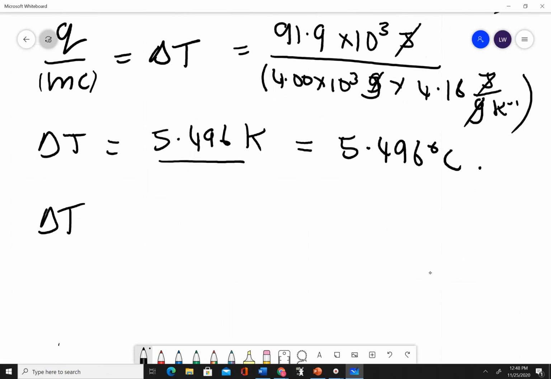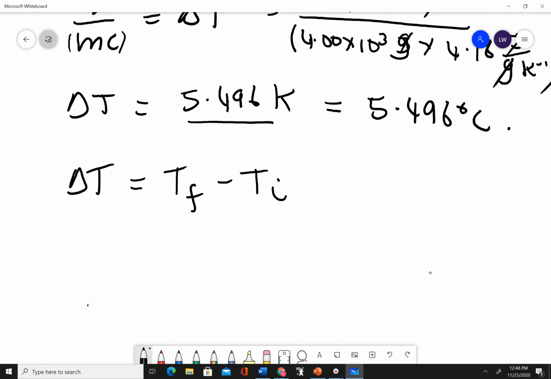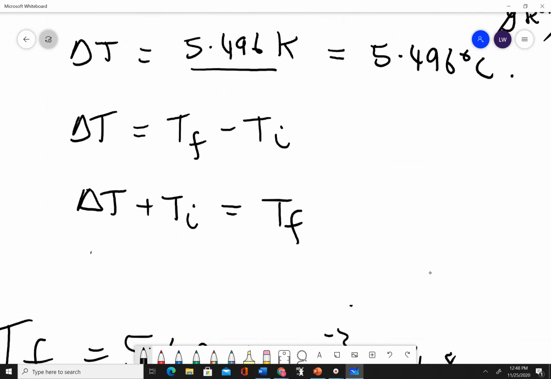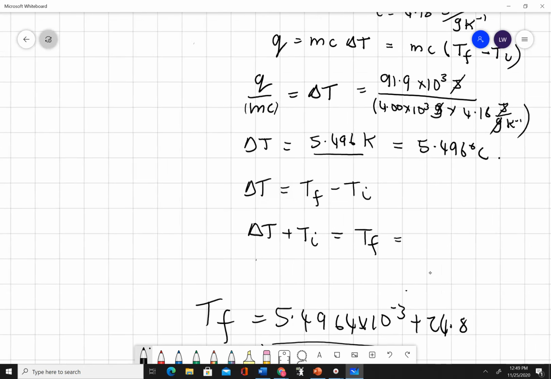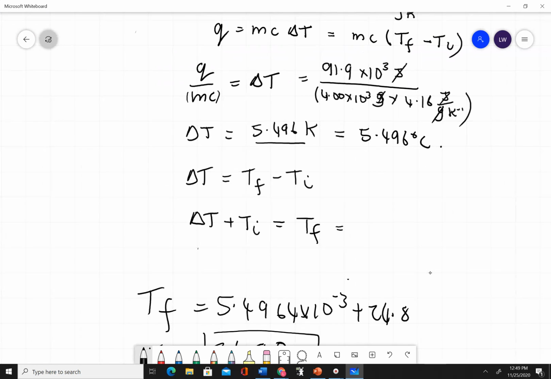So delta T equals our T final minus our T initial, or we can reorganize this and say that T final is just equal to our delta T plus our T initial. So that's it, isn't it, right? So our initial temperature was, I believe, 24.8. Let's double check that, 24.8.